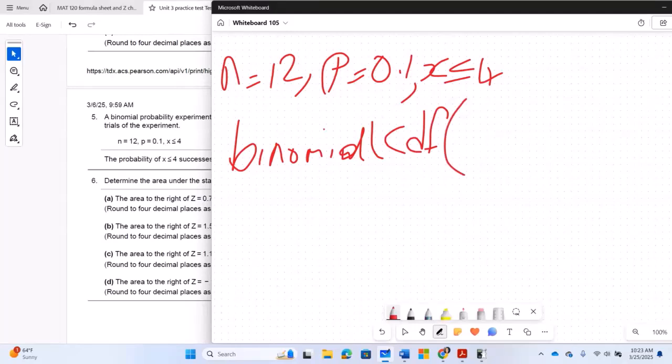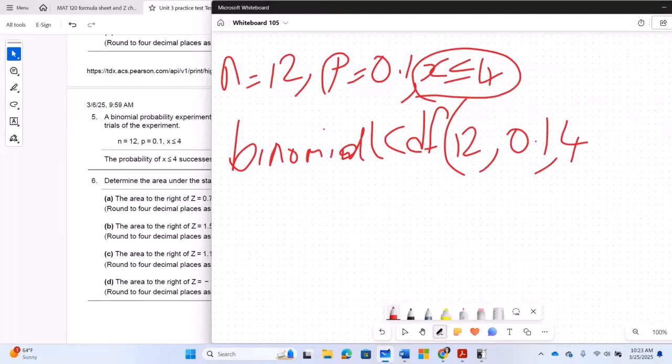The argument is n, p, x, where n is the sample size, p is the probability of success, and x is the random variable. In this particular case, it is 4, because I'm going to accumulate from 4 down. If it were only less than 4, then our 4 would not be there. But right now, 4 is included. It's a closed end.